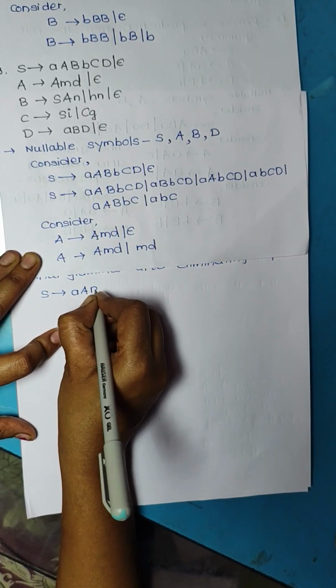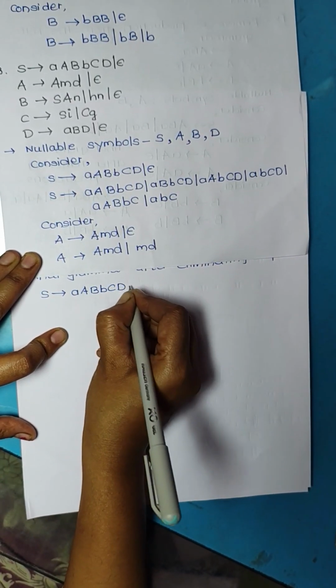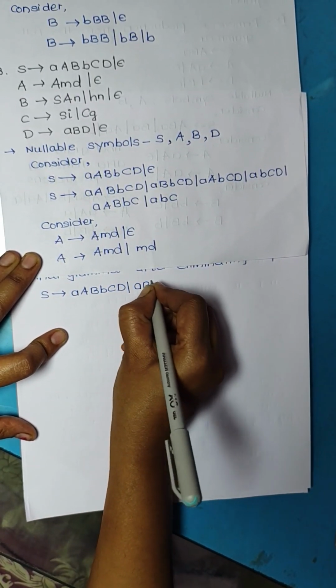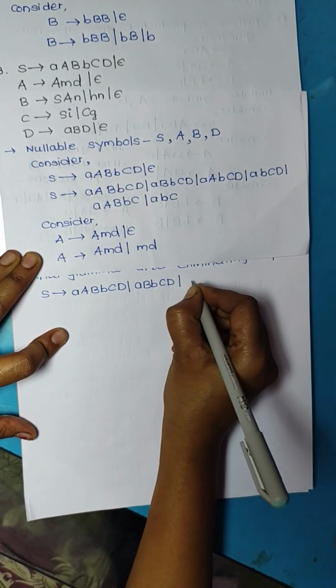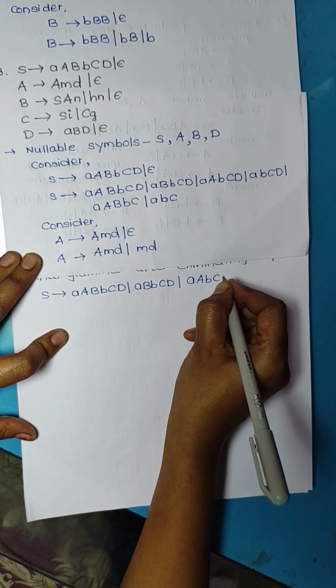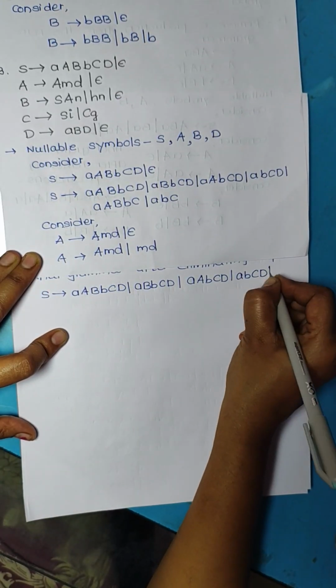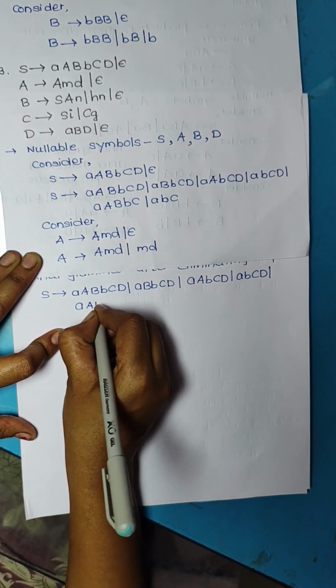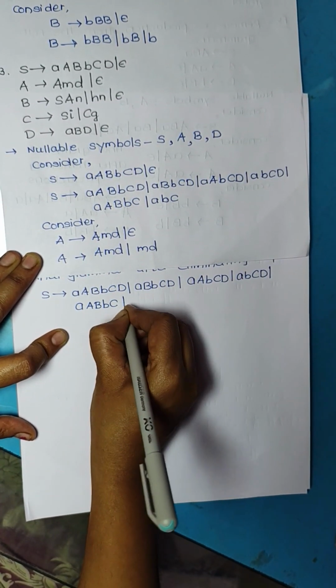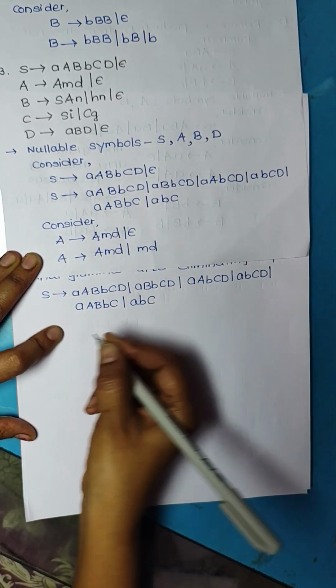A, B, B, C, D, or A, B, C, D, or A, B, C, or A, B, C.